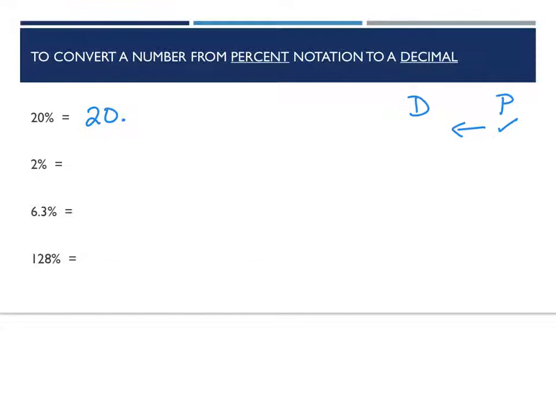I have to move the decimal point twice. I can only move it left or right. If I started with percent notation, to go to decimal notation, move to the left. So move the decimal point 2 places to the left, which means your answer is going to be 0.20.